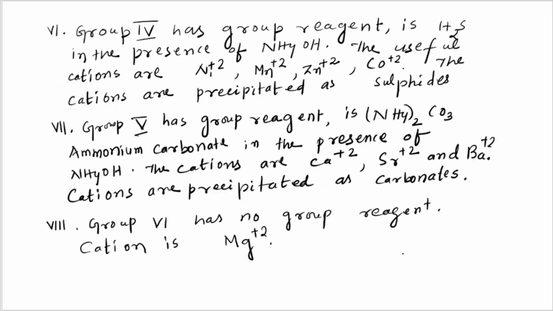Then you will see group 4. In group 3 you add ammonium chloride and ammonium hydroxide. For group 4, you pass H2S gas in the presence of ammonium hydroxide, and you also take ammonium chloride, because of the common ion effect.